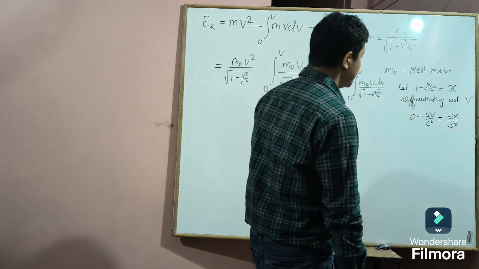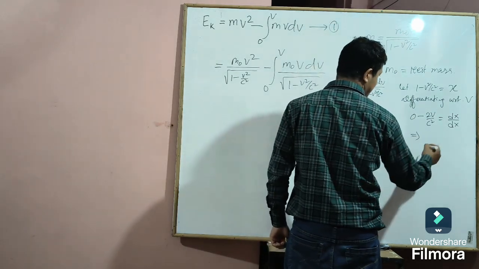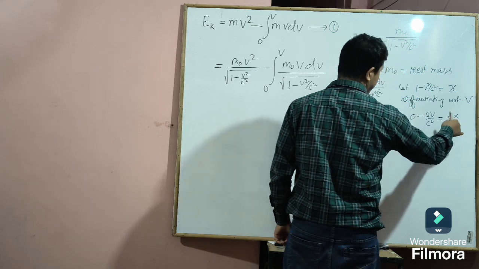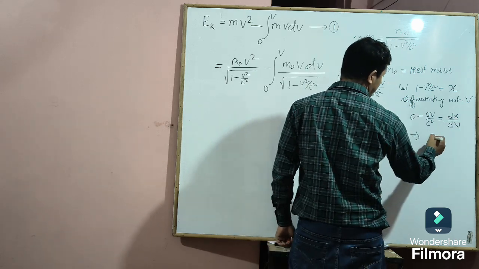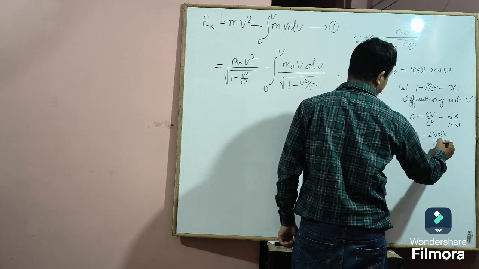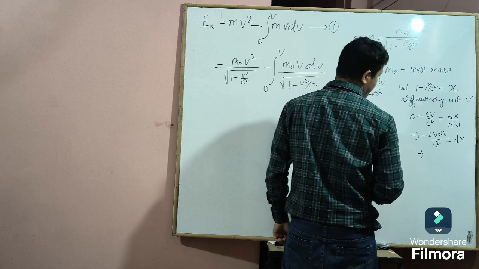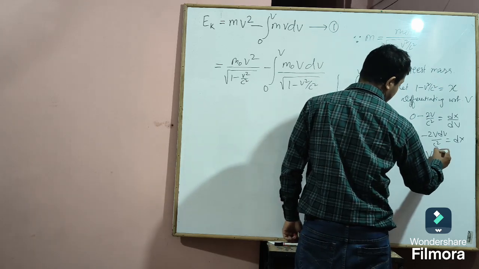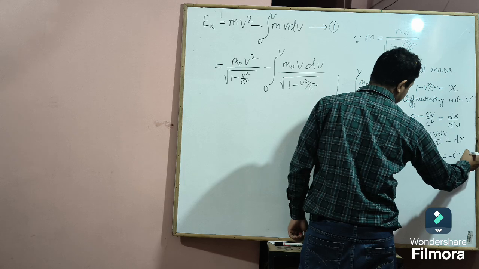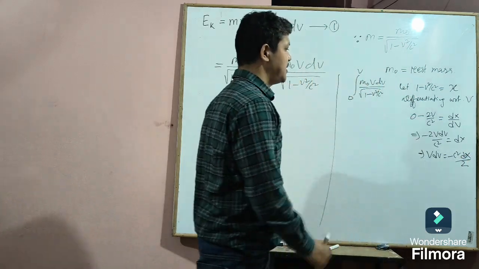That's what we're going to have. So if you simplify this, minus 2v dv by c square is equal to dx, and so what we're going to get, v dv, that's going to be equal to minus c square dx by 2. That's what we're going to have, right?